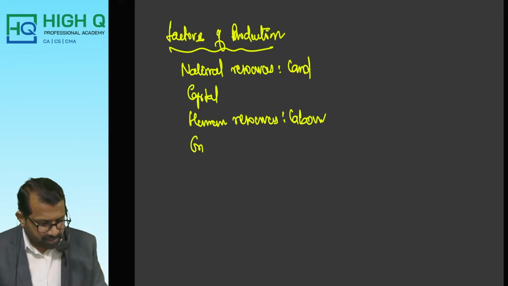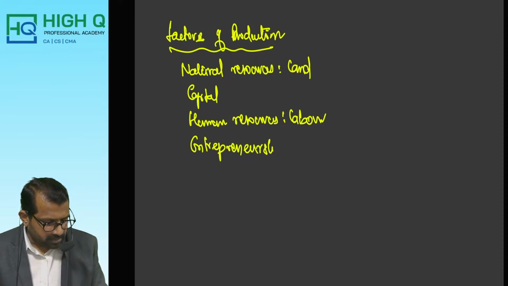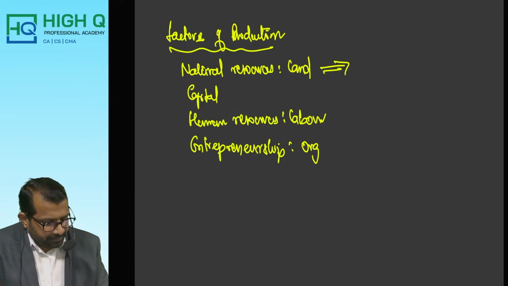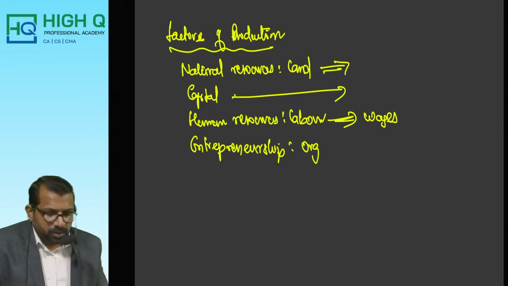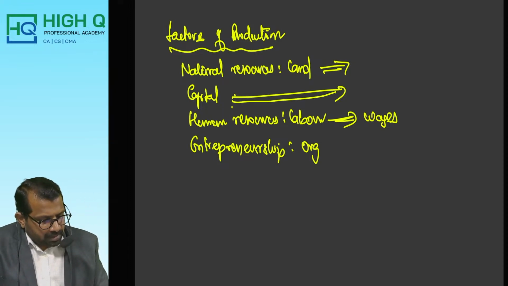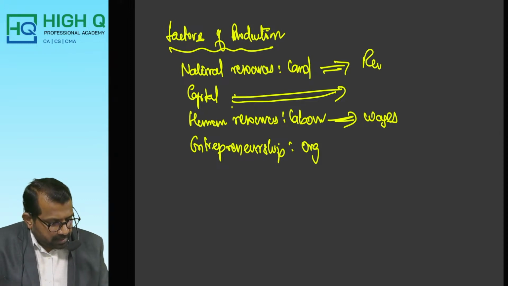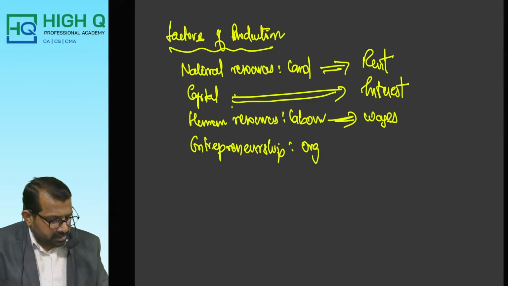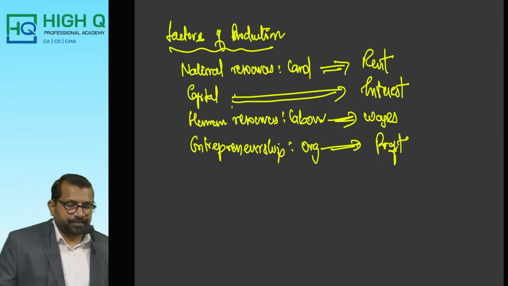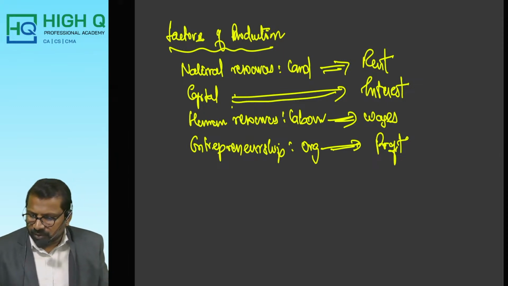Fourth one, entrepreneurship or organization. Land, capital, labor. For labor, you have to pay wages. Land, rent. Capital, interest. Organization, profit. So these are all called factors of production.